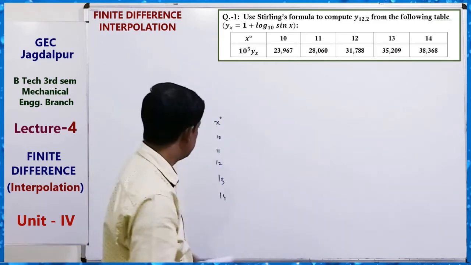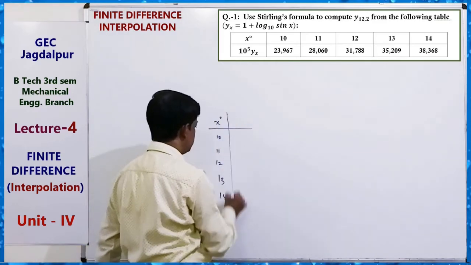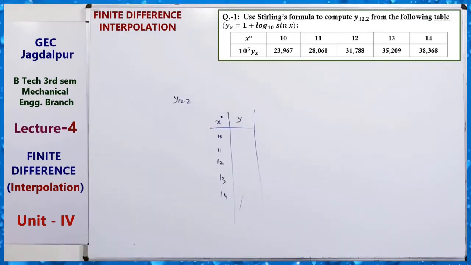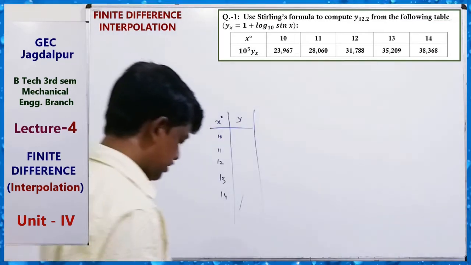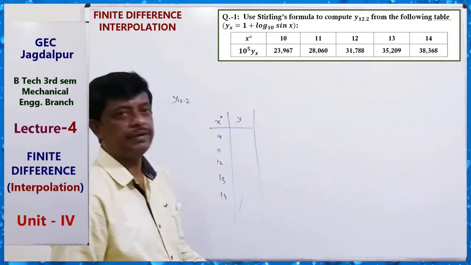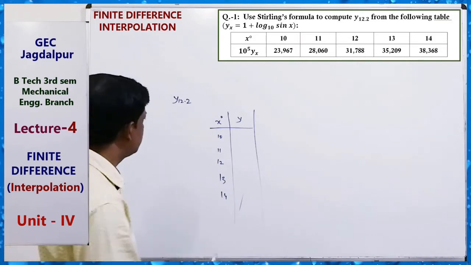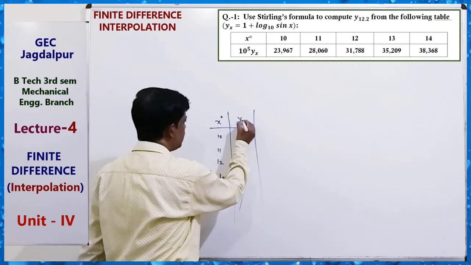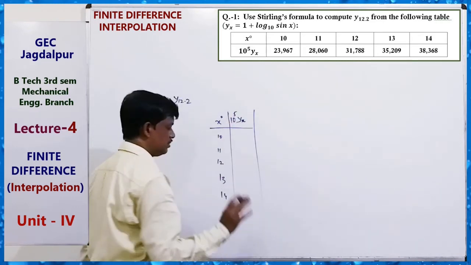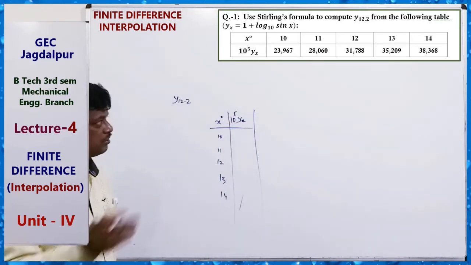Clear? So the depending value is just in the table. The given table has x degree and yx 10 to the power 5 given in the given table.